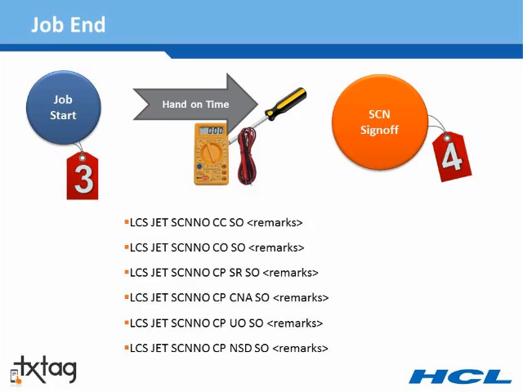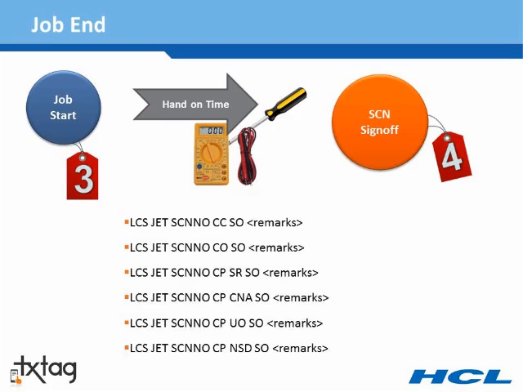You can type in any remarks after the SO number. This is only for the job end SMS, not for any other SMS. The option for remark is available only for the job end SMSs.